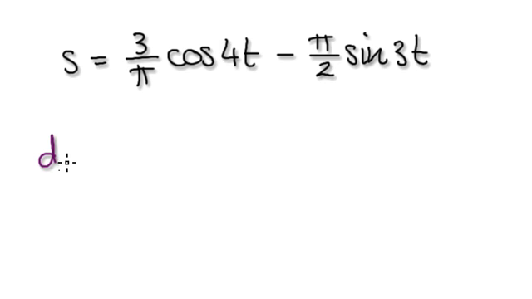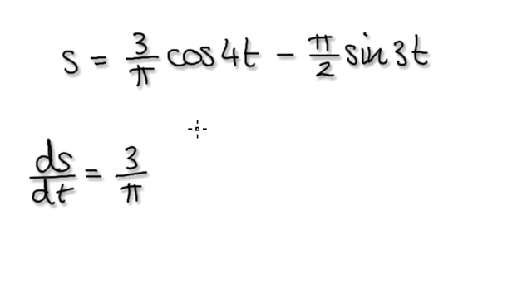Well, ds by dt will equal, when you differentiate this, it will become 3 over this. When you differentiate cos of x, it becomes minus sine of x.